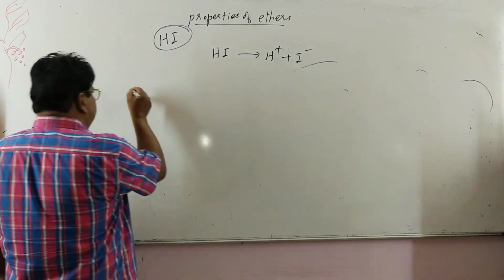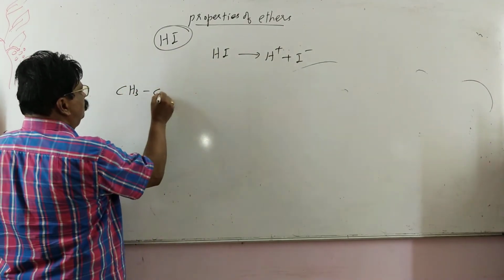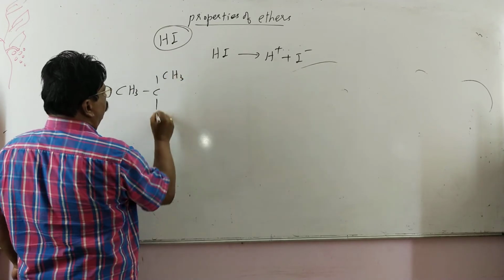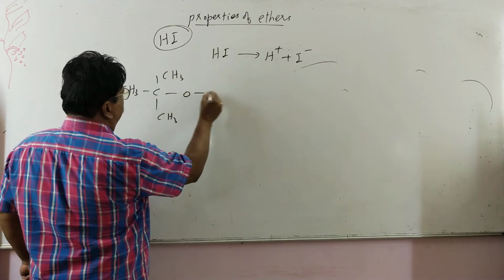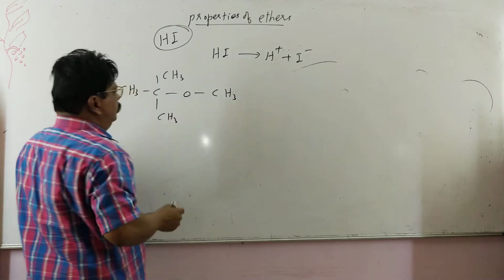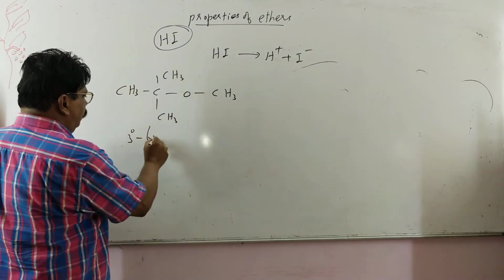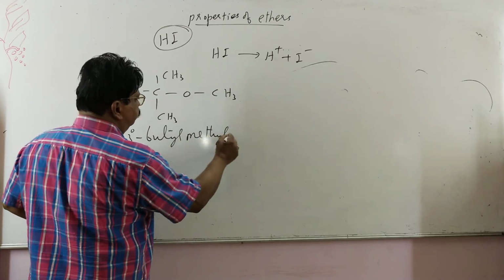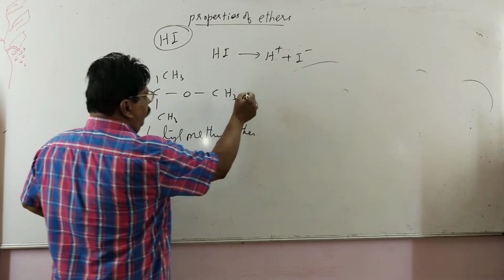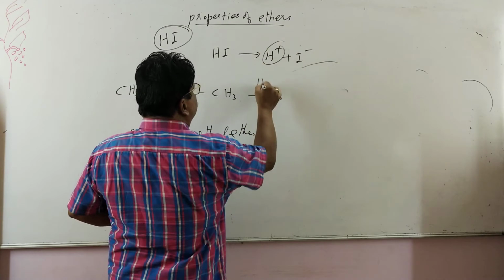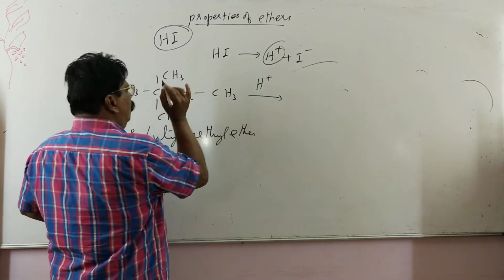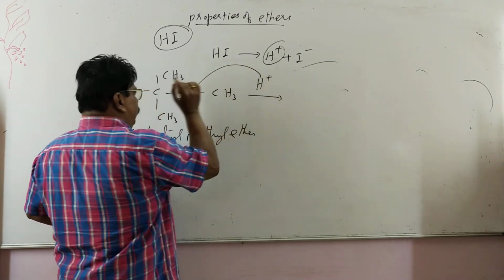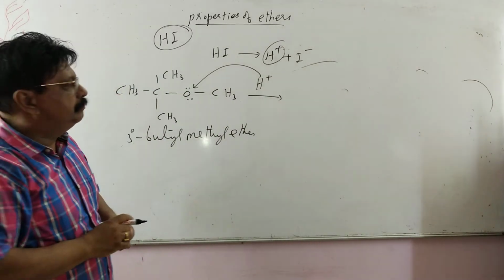So I am taking this example, say tertiary butyl methyl ether, and this H plus will be gained by this oxygen.